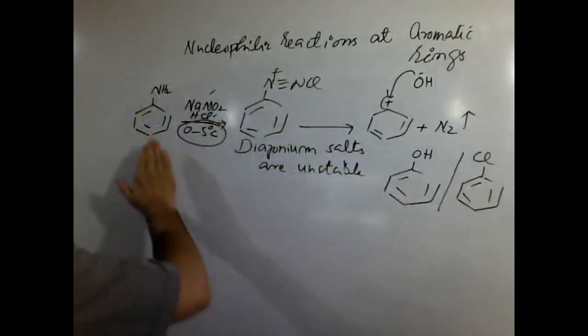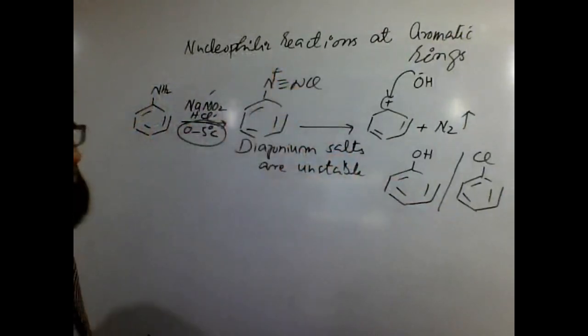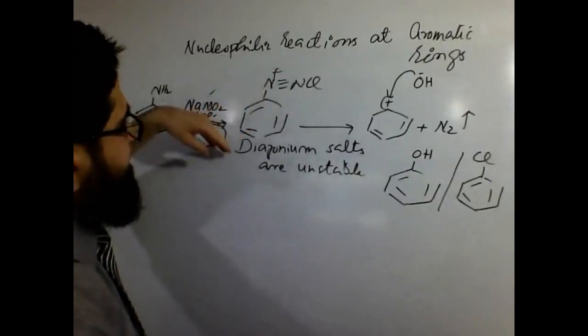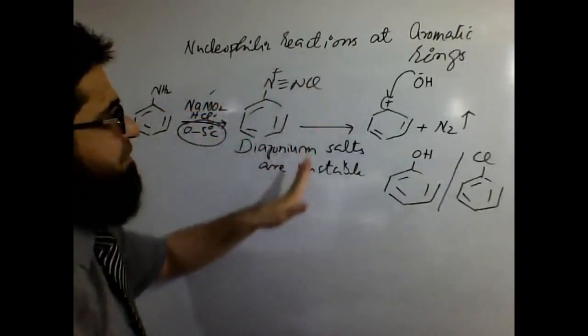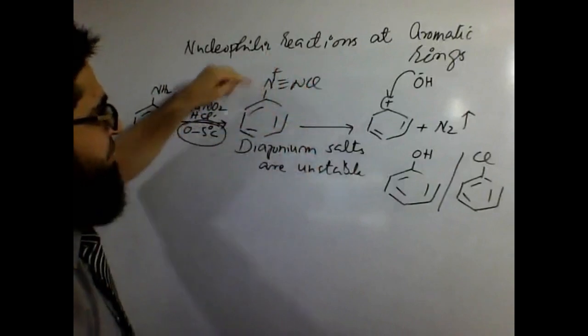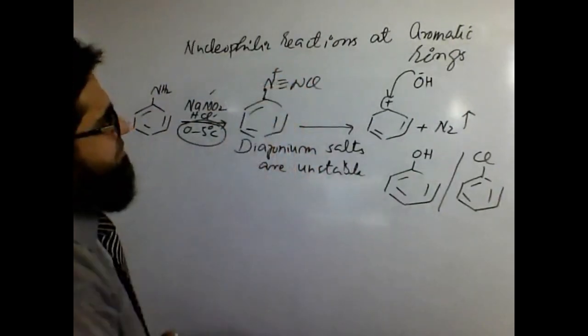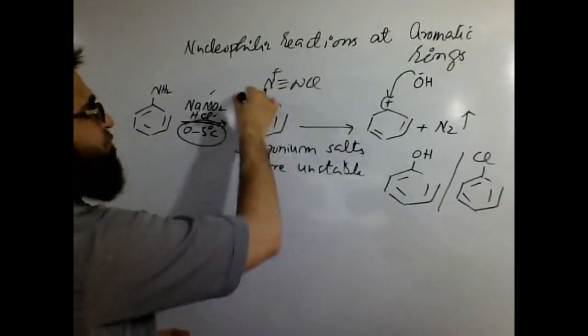What has happened? We have generated an electrophile over here, something having positive charge. As soon as it gains energy with the rise of the temperature, the bond between this carbon and this nitrogen moves over here.